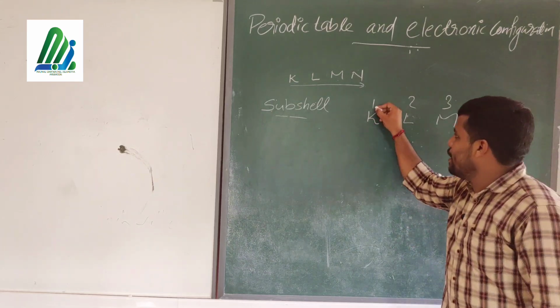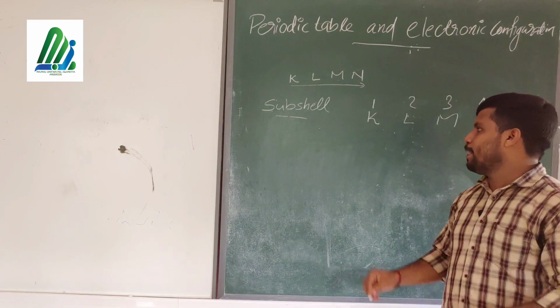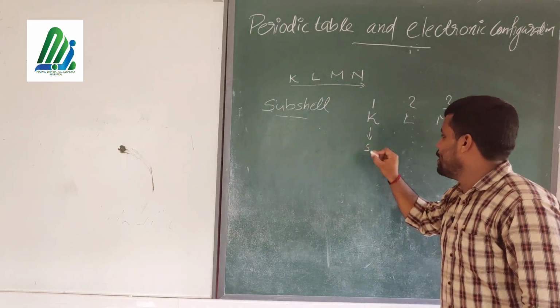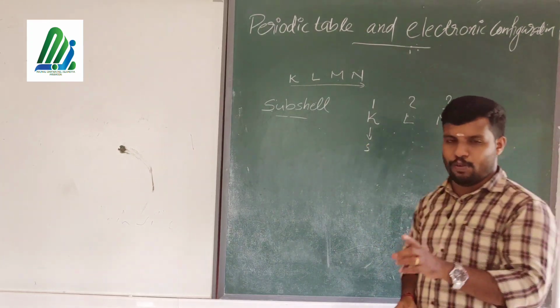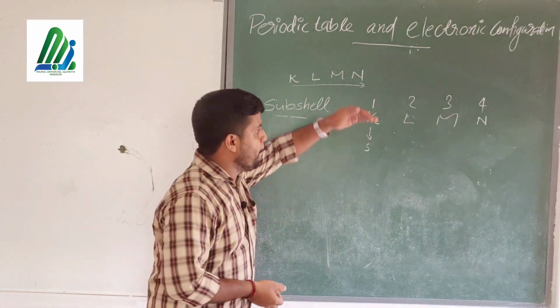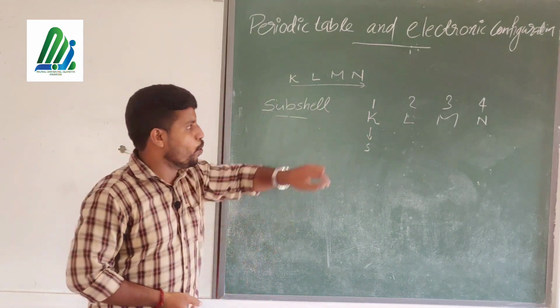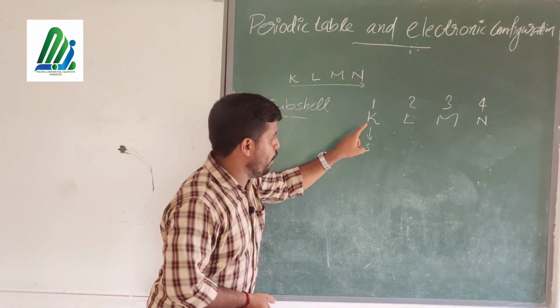K shell is the first shell, and the first shell contains only one subshell. It is the s subshell. That means the shell number and the number of subshells are equal.